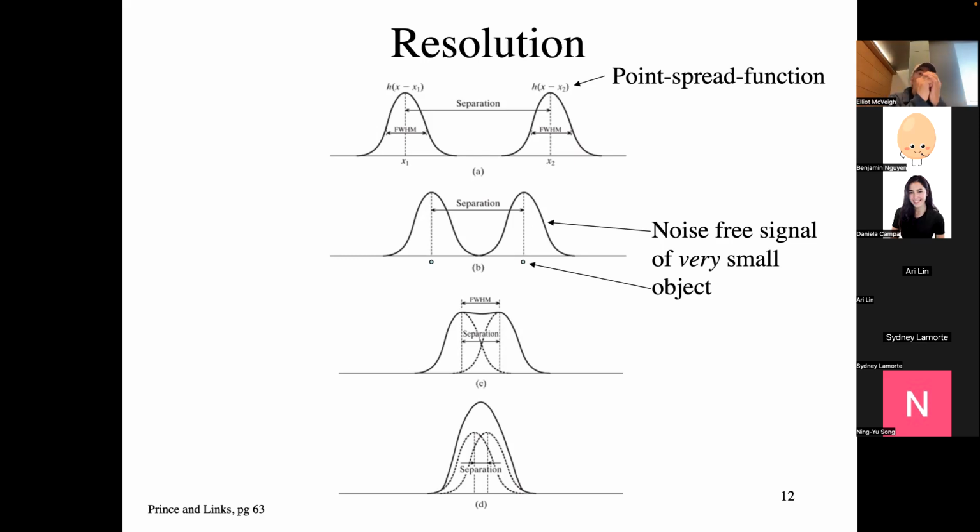If it's a really small blob, a little spiky thing, then your point spread function is thin, and your resolution is high, okay? And this is how you measure the point spread function on scanners. You put a little thing in there and you take a picture and you look at the functional shape of that point spread function. Very practical.